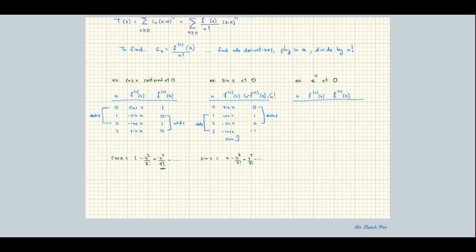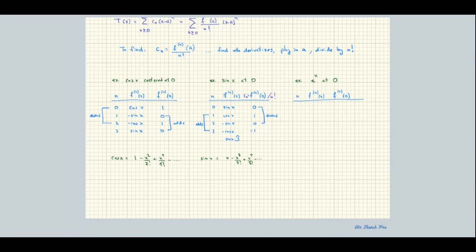X to the n over n factorial, it's just going to be 0. That's all there is to it. So the nth term goes to 0 and alternates, and that's enough to say that these have an infinite radius. And so we have these full series.